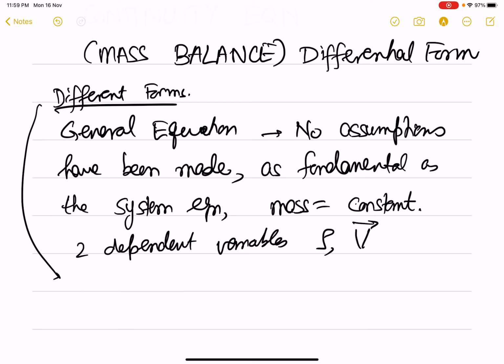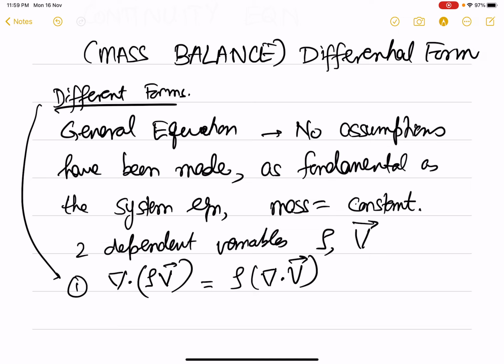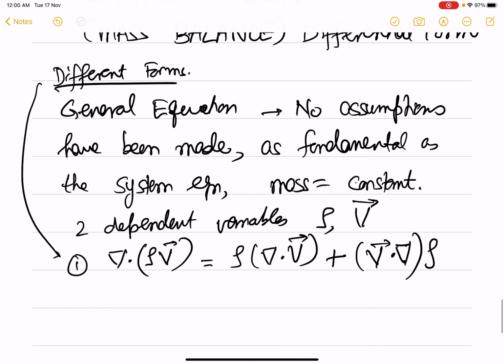Okay. Now let us look at the different forms. So I continue this here. The first form we'll look at, let's expand del dot rho v. So this can be written as rho times del dot v plus v dot grad rho. Now this identity, you have to take it that this works. If we know the tensor notation, it can be derived in a minute, but we leave it like this.